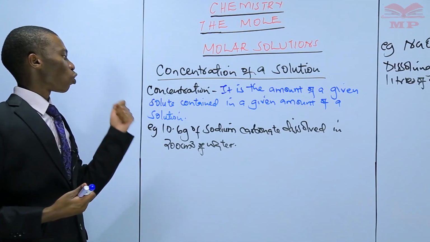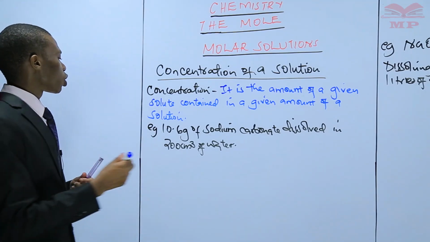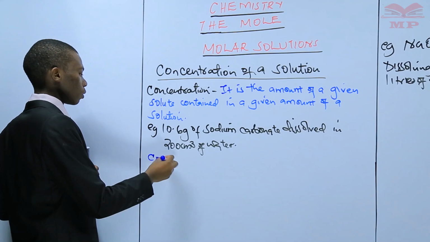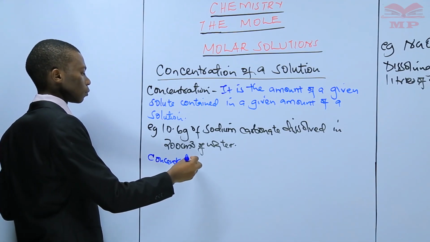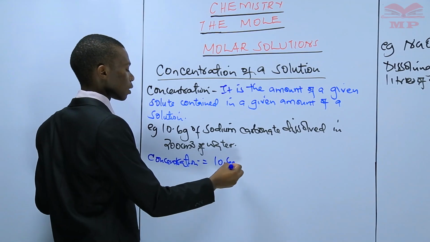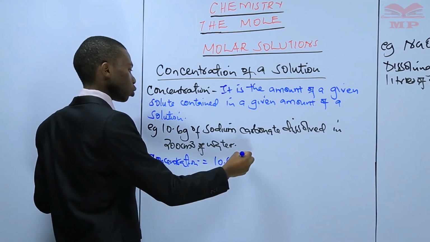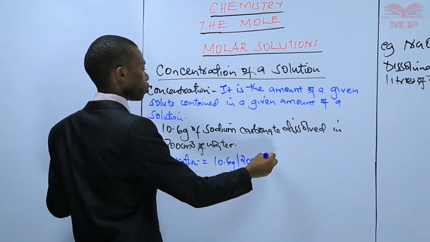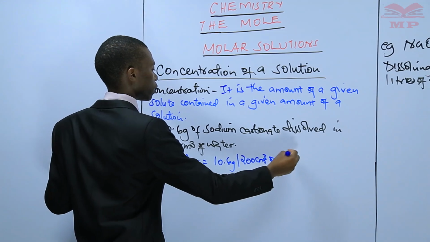Therefore, the concentration of this solution will be 10.6 grams per 200 centimeters cubed of distilled water.